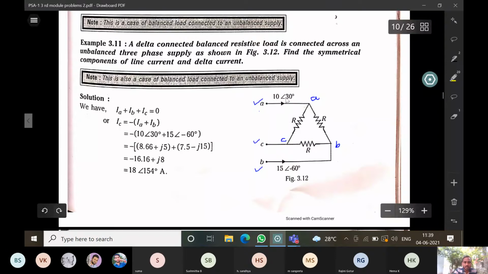The current IA is given, it is 10 at an angle 30 degree. The delta connected resistive load is balanced, therefore the total current IA plus IB plus IC is equal to 0.